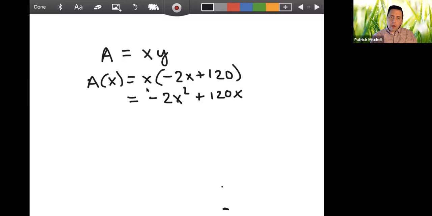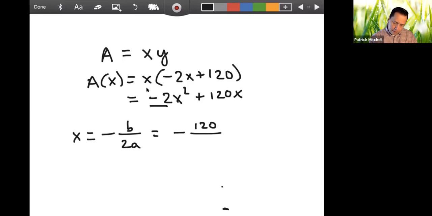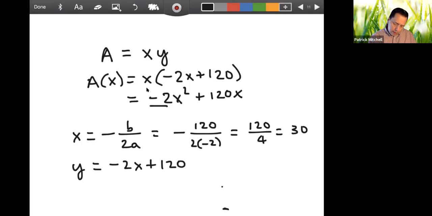All right, so the value of x that's going to make that a maximum, and again it is a maximum because this thing is negative, is going to be negative 120 divided by 2 times negative 2. Oh, look at that, it still comes out to 30. Okay. So the optimal width for this region is still 30 feet. However, that makes the optimal length not 30, but 60.